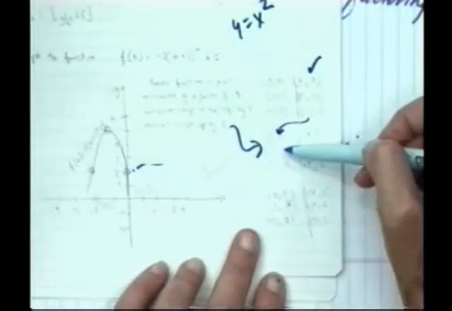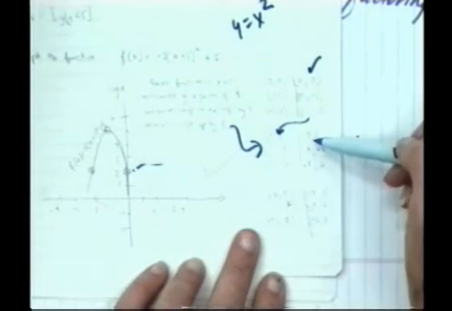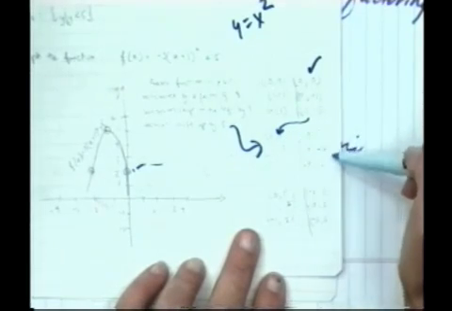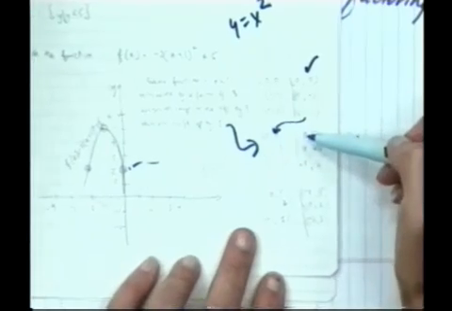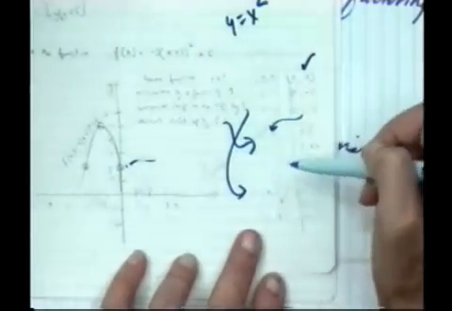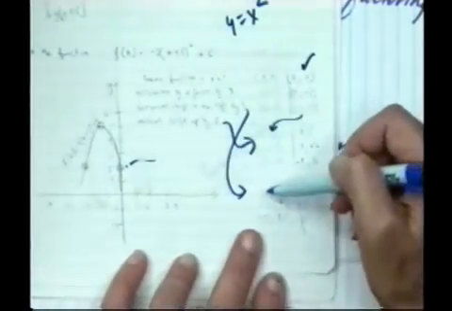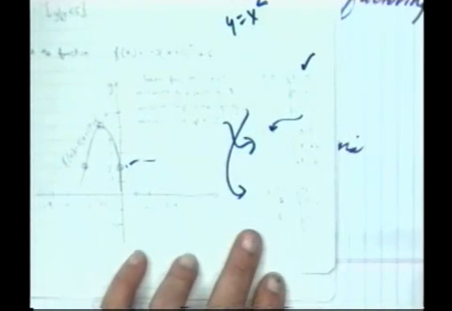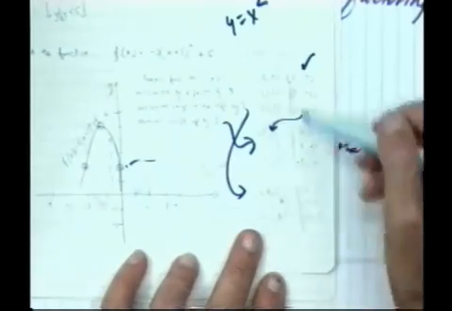You added 5 to each of those y values right here. And then you did the horizontal shift left by 1, and you subtracted 1 from each of the x values. Perfect job. So she just followed her points along and did what she said.